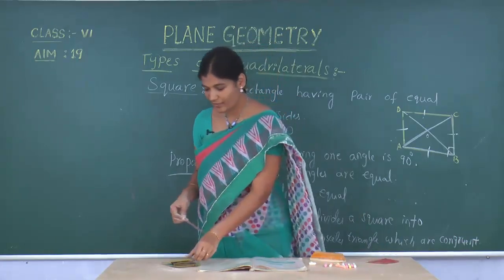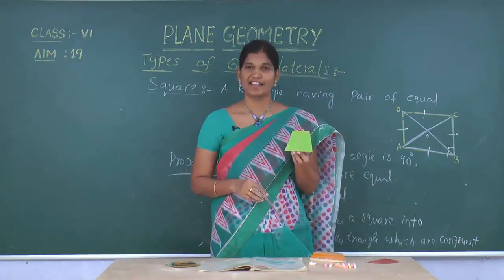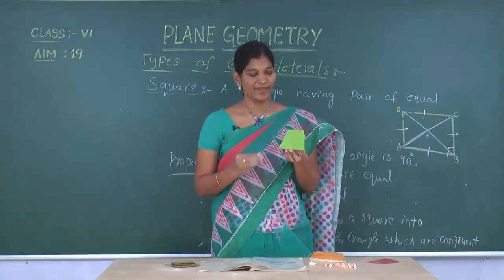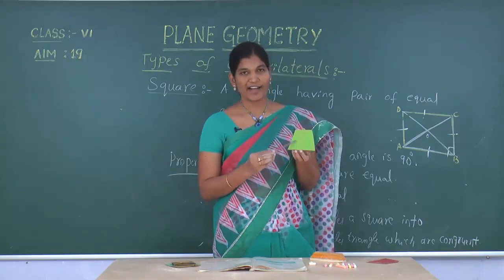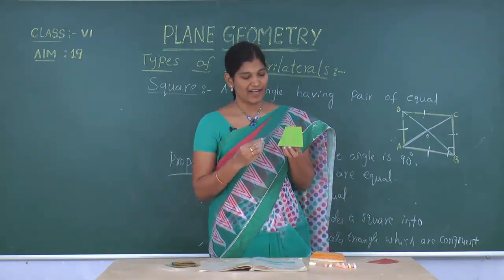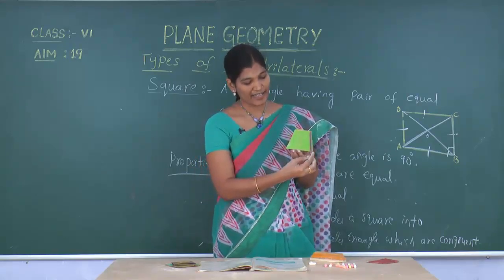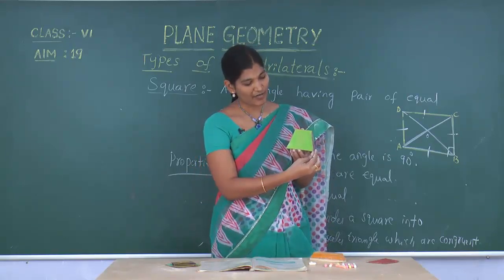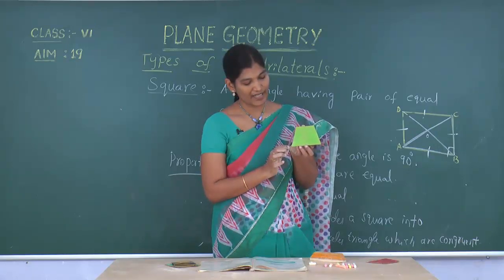And now let me show you one more figure. What is this? Yes, this is also a trapezium, and these two sides are parallel to each other, and here the lengths of the non-parallel sides are equal. Now observe, this length and this length are equal, approximately as I am showing you.